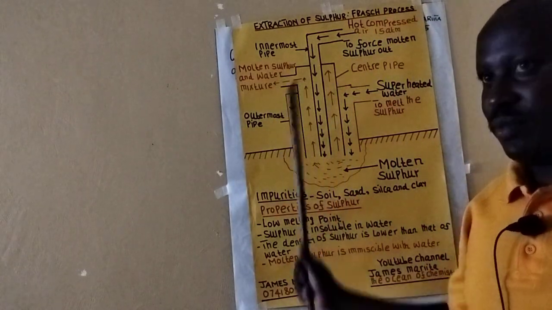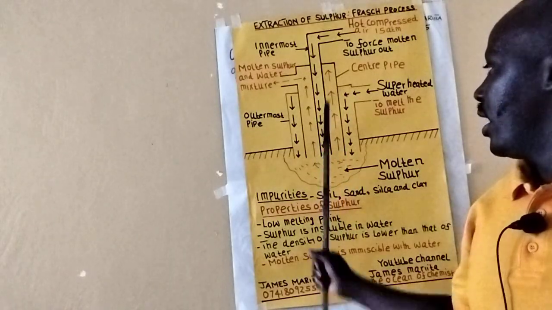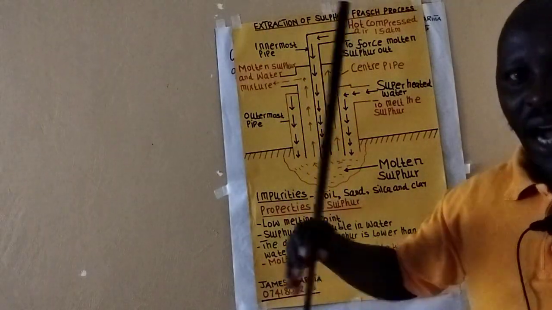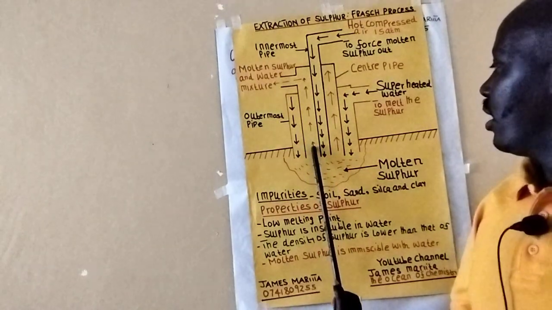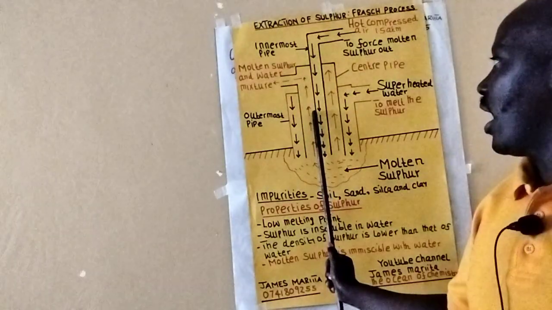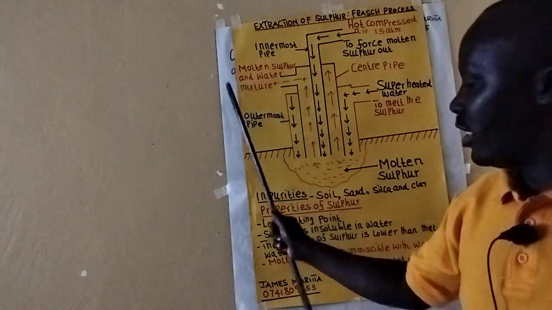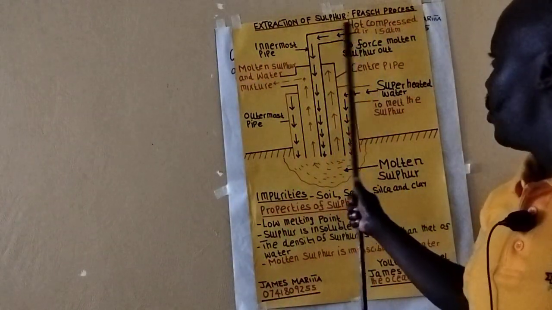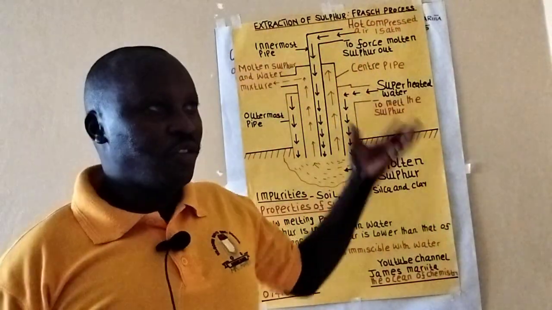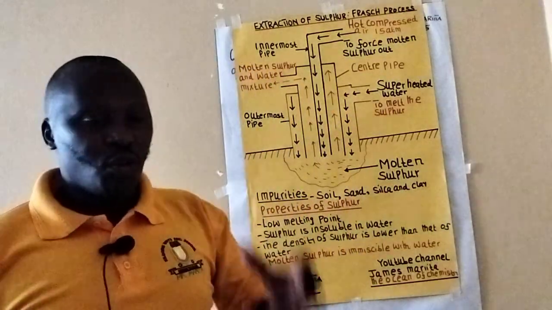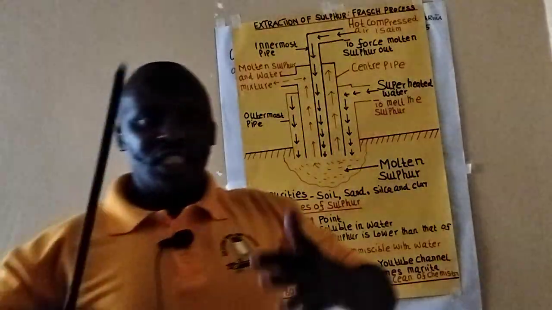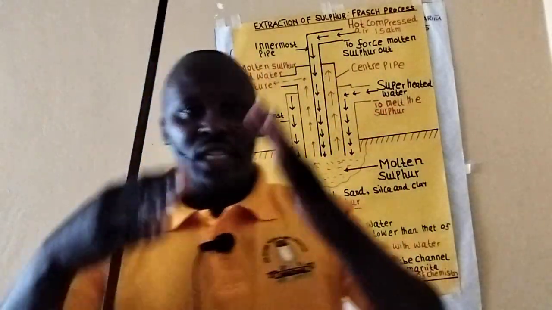The center pipe is where the mixture of molten sulfur and water comes out. Then we have the innermost pipe, where hot compressed air of 15 atmospheres is forced down, and its function is to force the molten sulfur up through the center pipe.